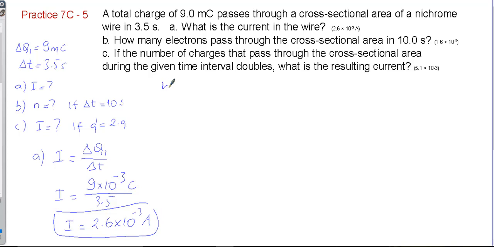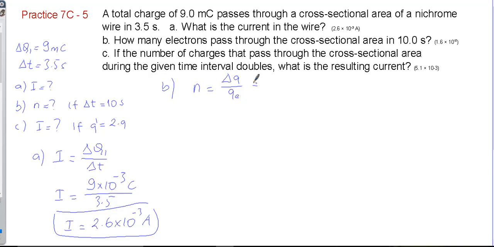B. It says what is N? N is equal to total charge delta Q divided by the charge of an electron.